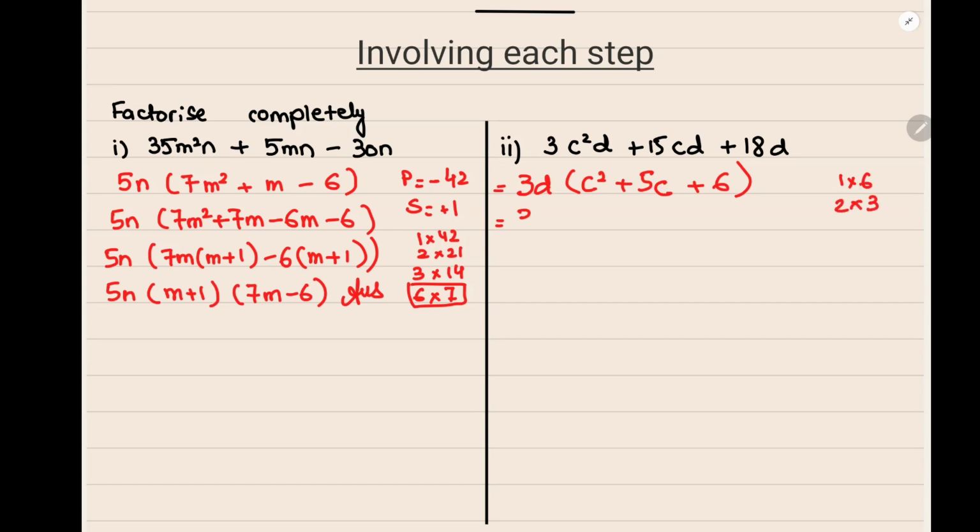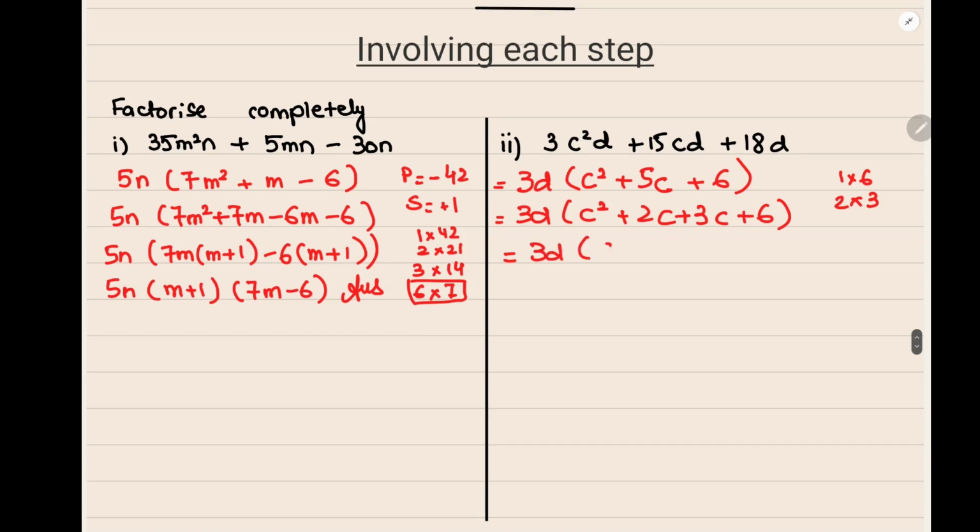Now we have to go with 2 times 3. So 3d c squared plus 2c plus 3c plus 6. Okay. Now 3d should be c common, so c plus 2, and plus 3 common, c plus 2. So 3d should be c plus 2 and c plus 3. This should be our answer.